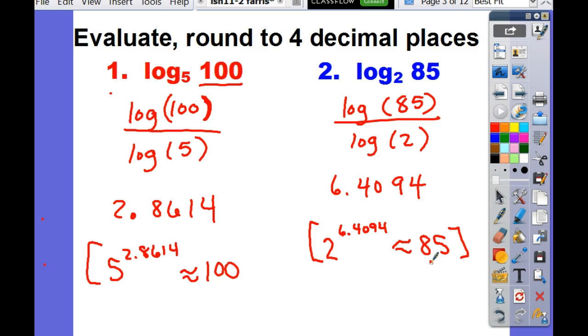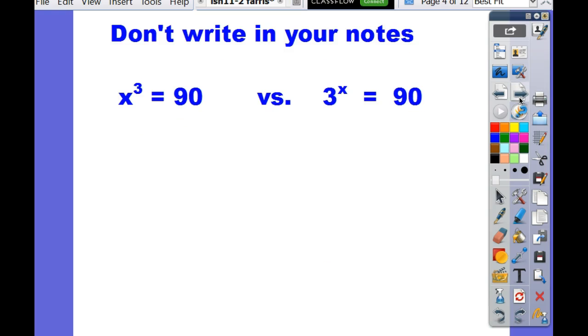Now, we can use this change of base formula to help us solve some problems. Now, you see on the top of the screen, don't write this down, but I wanted to draw your attention to these two kind of problems. They almost look the same, but what's the difference?